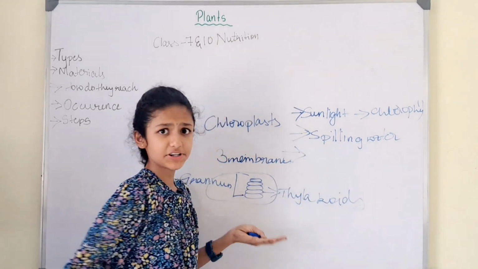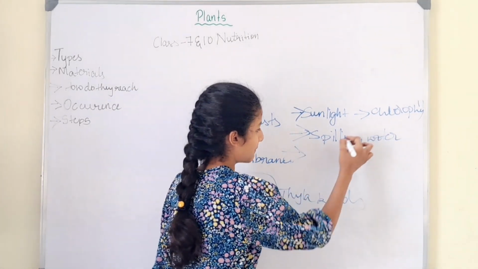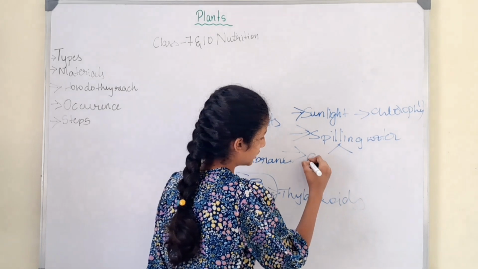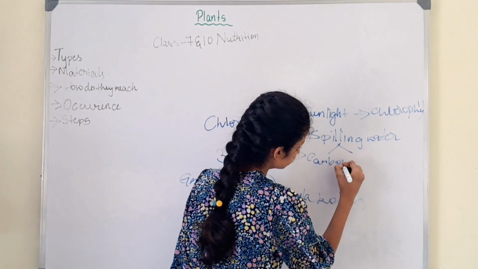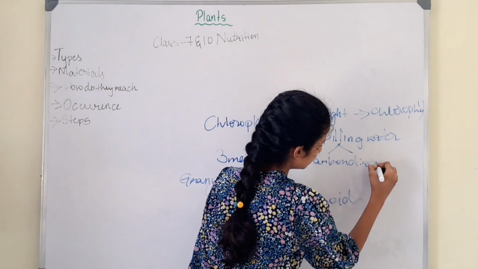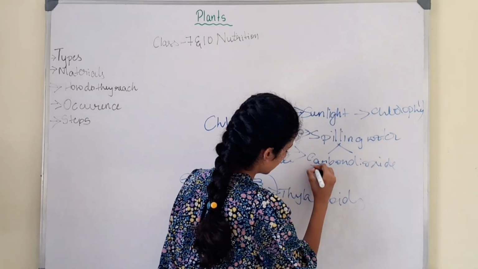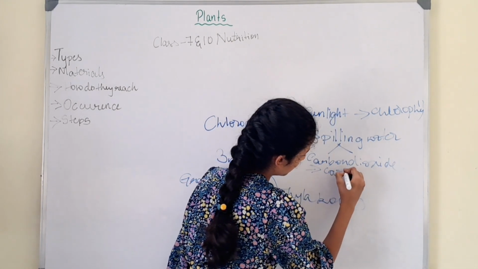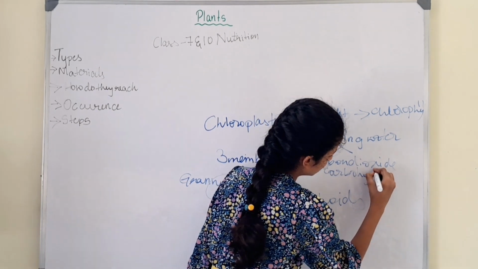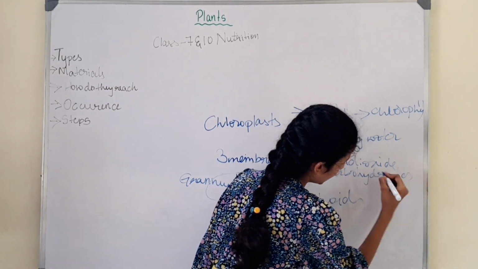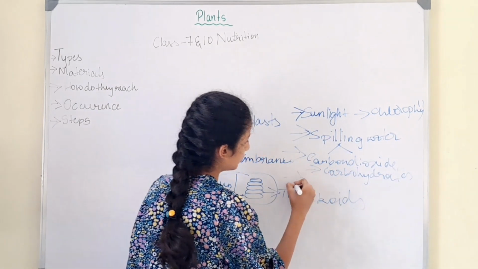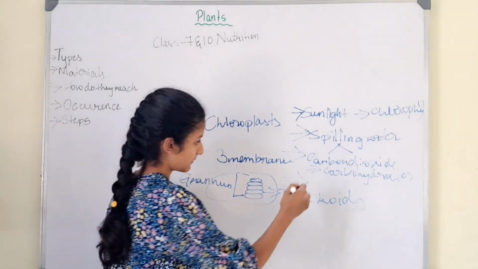Now the carbon dioxide which has entered will combine with the split water molecules and form carbohydrates. And what is the end product? The end product will be oxygen.